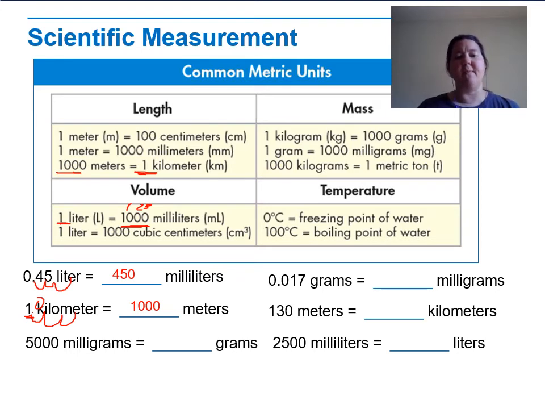If you're going from a smaller unit, milligrams, to grams, you're going to divide, which means we're going to move the decimal place back. So 1,000 milligrams equals 1 gram. So that's 3. We move the decimal place back this way, 1, 2, 3, to give you 5 grams.